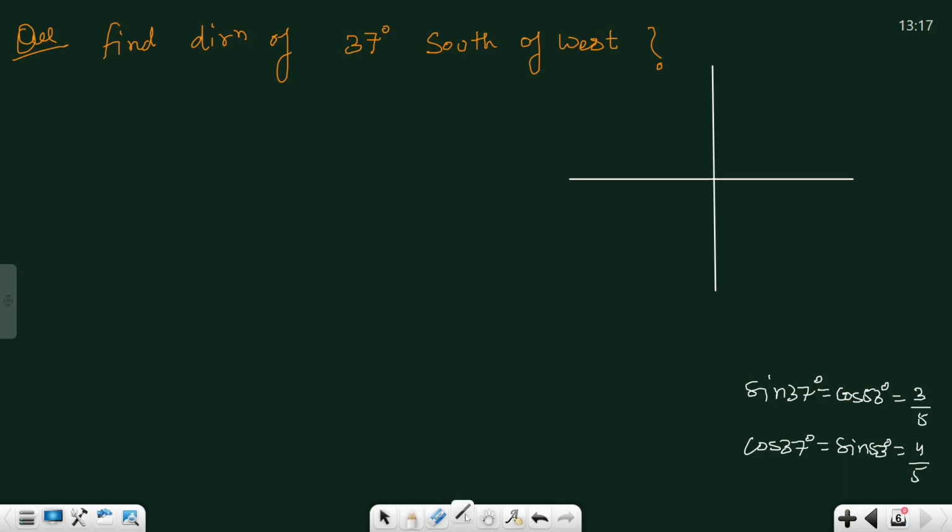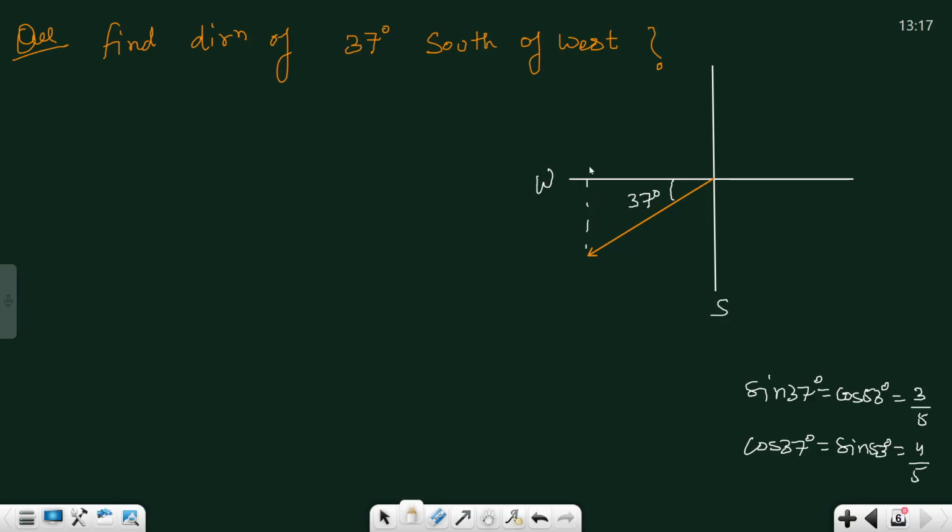So 37 degrees south of west. That means it is inclined towards south from west at an angle of 37 degrees. 37 degrees west of south is different, and 37 degrees south of west is different. West, south. Okay.